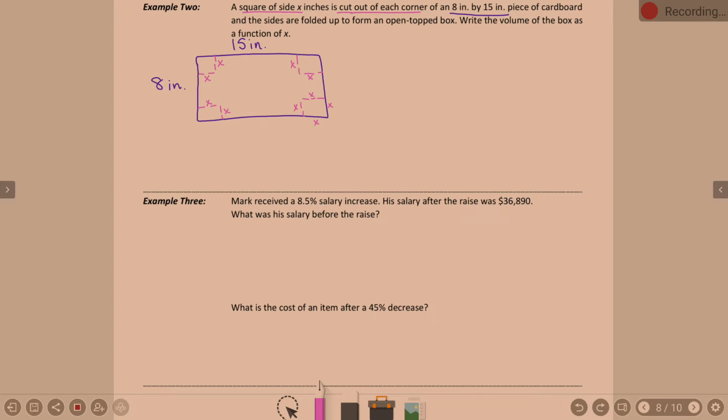Got it? Now, we're being asked to write the volume of the box as a function of x. Okay, dig deep. Volume of a box? What you learned years ago, yes?